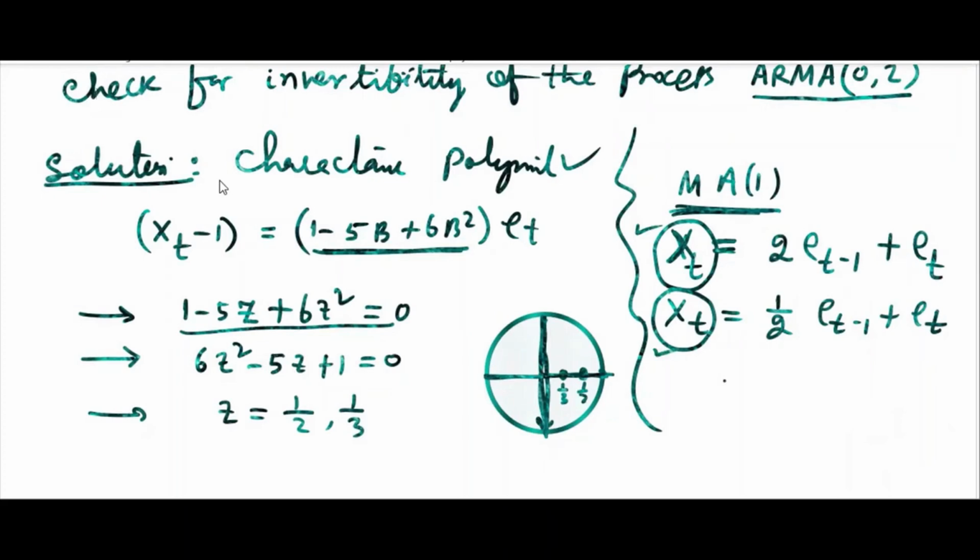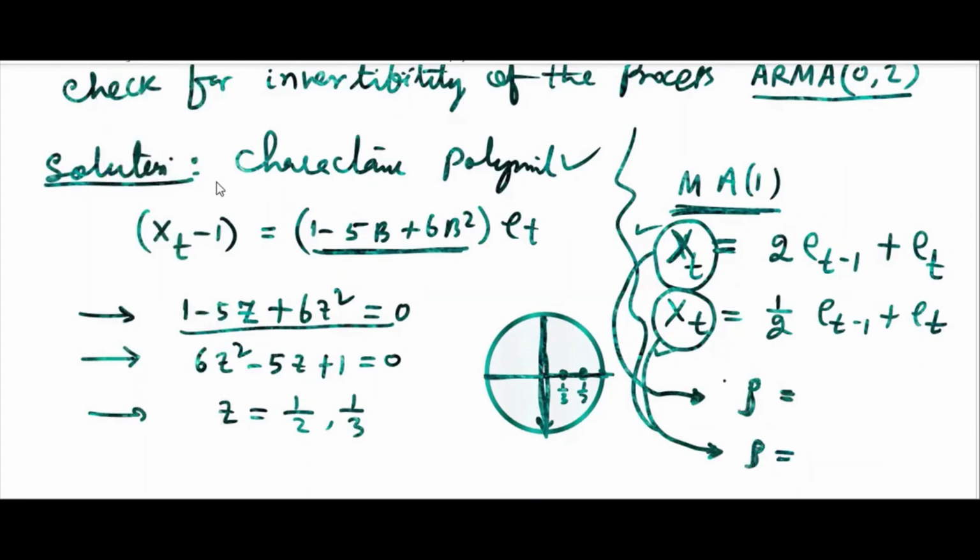So if you find rho here, remember the formula for MA(1). Now we have rho here.